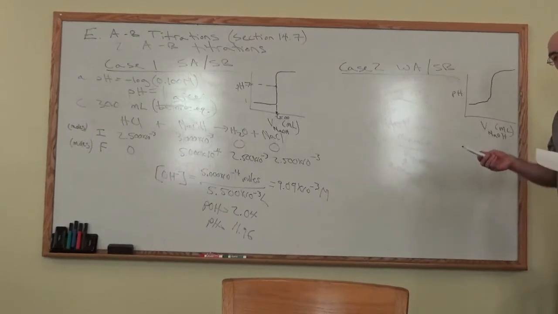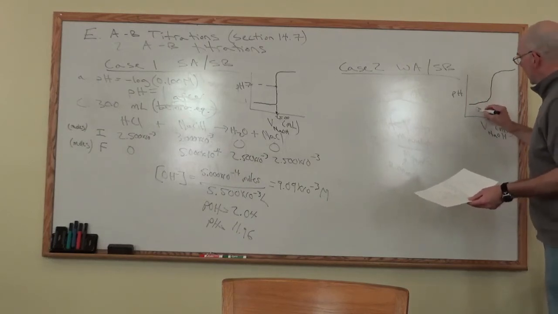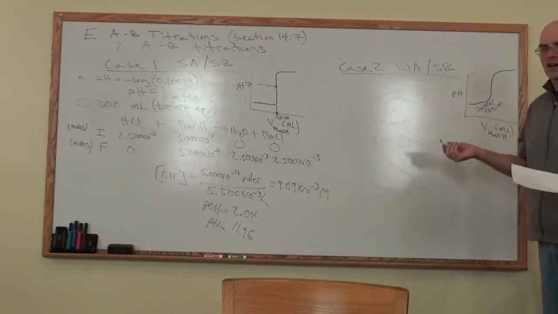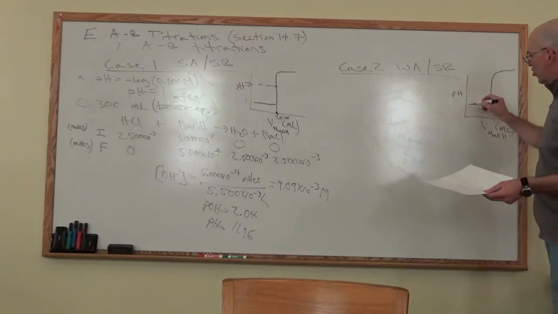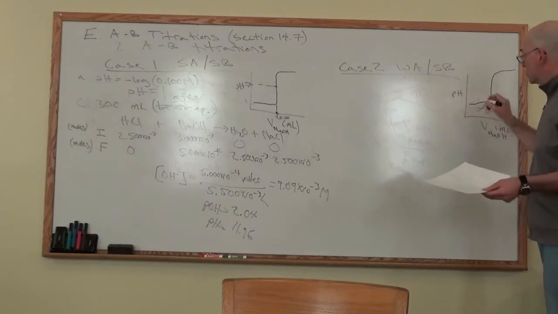So a buffer is where the pH doesn't change very much. In titration curves, there are parts of the pH curve where the pH doesn't change much. That's called a buffer region or a buffering region. So the pH doesn't change a whole lot. There's some buffering capacity is sometimes the phrase that's used.